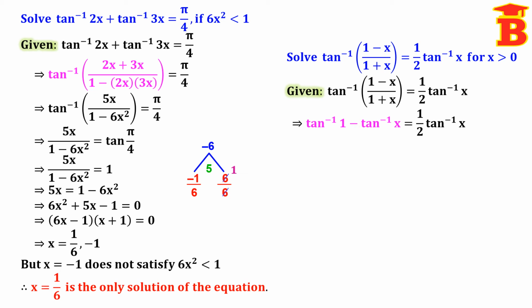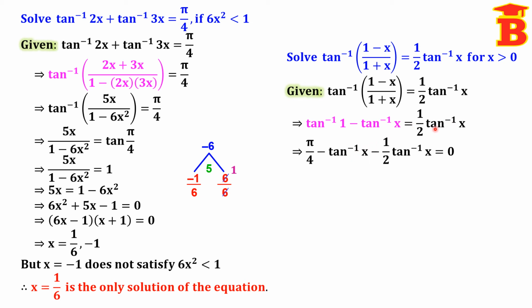Right hand side same, half into tan inverse of x. And we know that tan inverse of 1 is pi by 4 because tan 45 degree is 1. So pi by 4 minus tan inverse x.